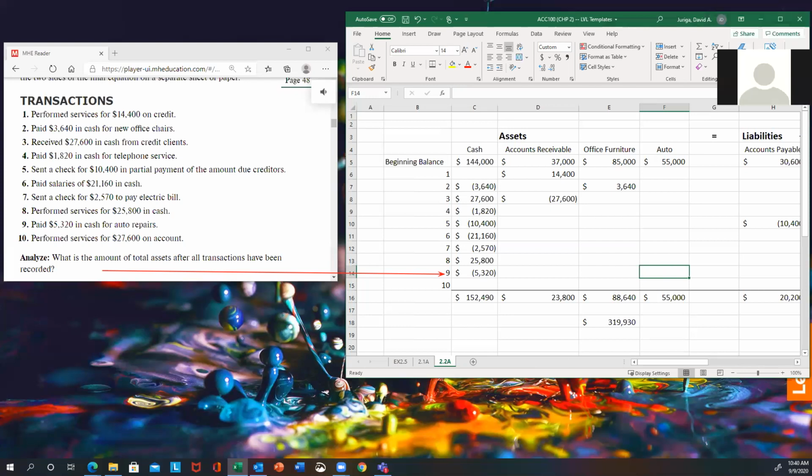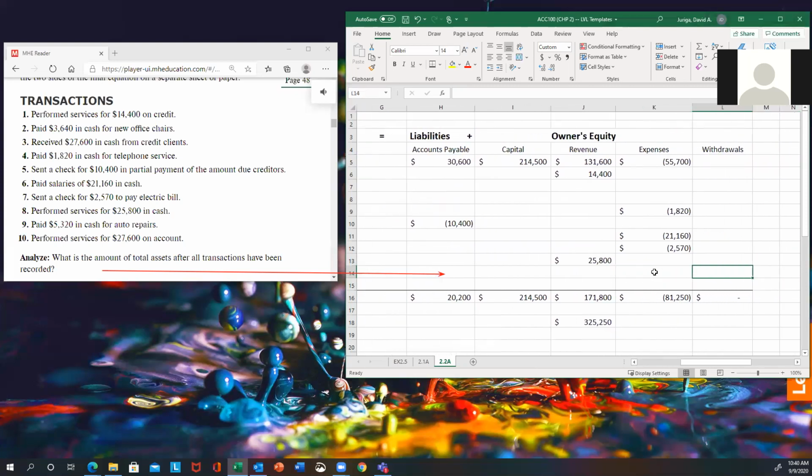Yes, it should be under expense. Don't feel bad, because a lot of people do this the first time they see this one. This is considered a maintenance expense, repair and maintenance expense. If they had said paid $53.20 for a new automobile, then yes, you would have put it into auto. But in this case, you're just paying for repairs on it, so it goes under an expense category.